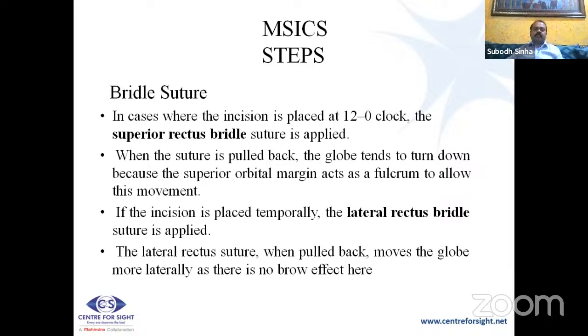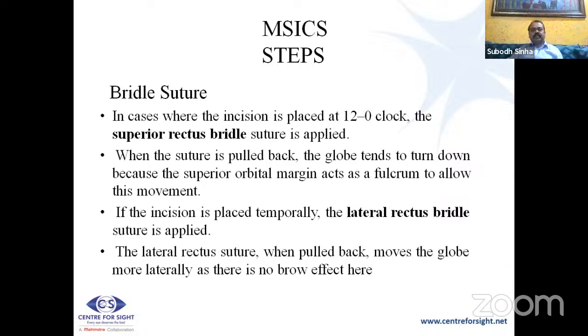Some of the surgeons who are doing temporal incision don't take any bridle suture at all, but it sometimes helps, particularly in fixing the globe, or while implanting the lens or taking out the nucleus. But there is one basic difference between the two bridle sutures.